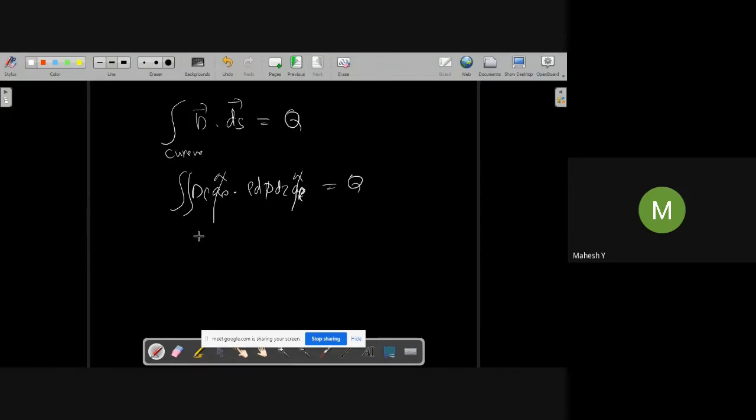So what is left is, D rho is a constant and rho is constant. So D rho integral d phi dz.